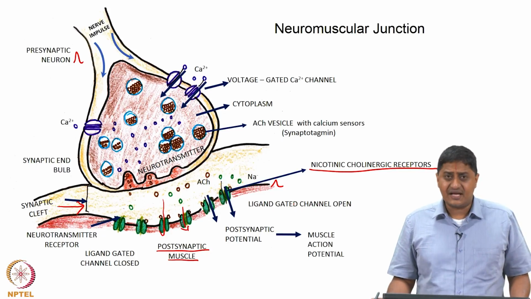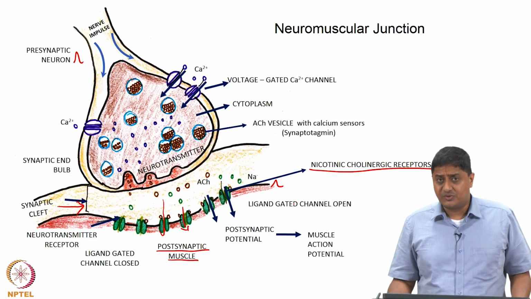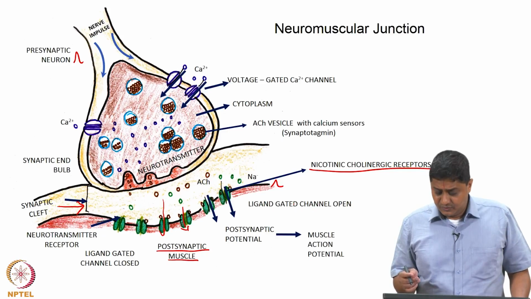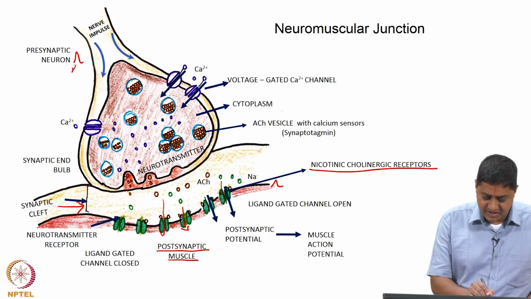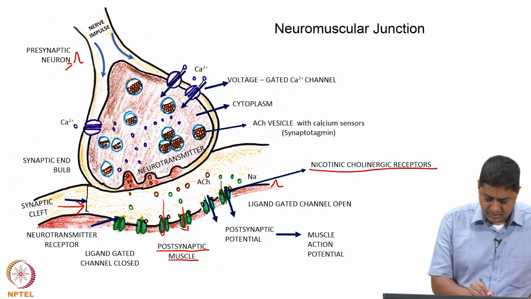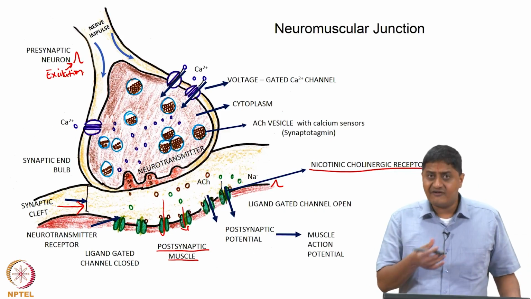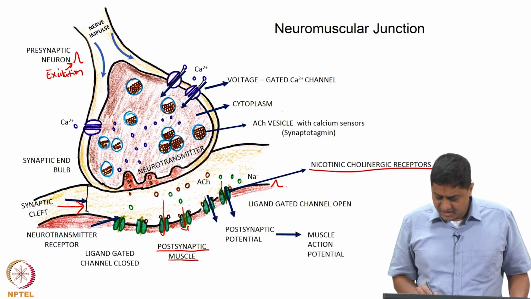Now, what happens at the muscle cell that causes the force to be produced, that is the question. But before that, you have excitation coming in. This action potential is basically excitation, and that excitation after the chemical synapse appears as excitation here.